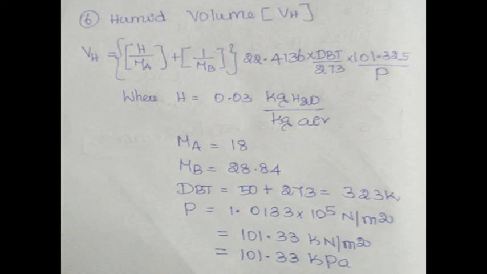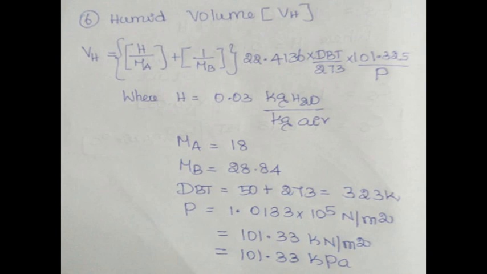One thing is very important: always substitute capital P in terms of kilopascal. For our case, the given data is 1.0133 into 10 to the power of 5 Newton per meter square. Newton per meter square is nothing but Pascal, but we want kilopascal. What do you do here? 1.0133 into 10 to the power of 5 Newton per meter square is converted into kilopascal.